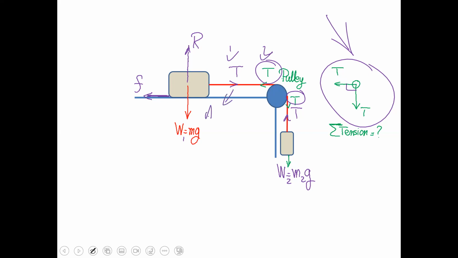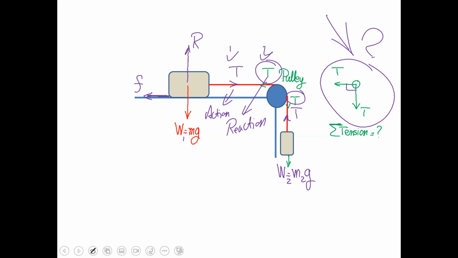Because if one of them is the action, the other tension in the same string applying on the pulley is the reaction. Now, how can we solve this? We can find the resultant of these two tensions. How can we find the resultant of these two tensions?